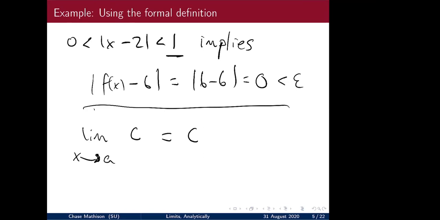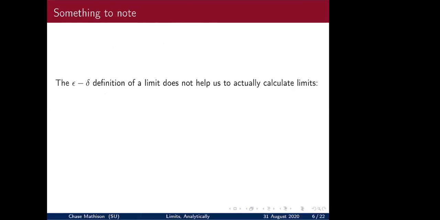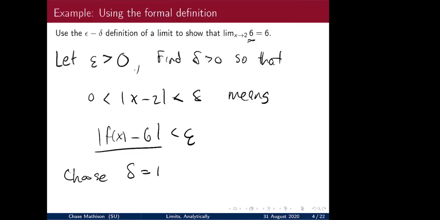Okay? So, something to note is that the epsilon delta definition of a limit doesn't actually help you calculate the limit. I told you here to prove that the limit is 6. So this is why, when we talk about limits, we start by saying, well, how do we find these before actually telling you the definition? Because just having the definition doesn't help you find the limits anyway. So you need to be able to calculate with something.